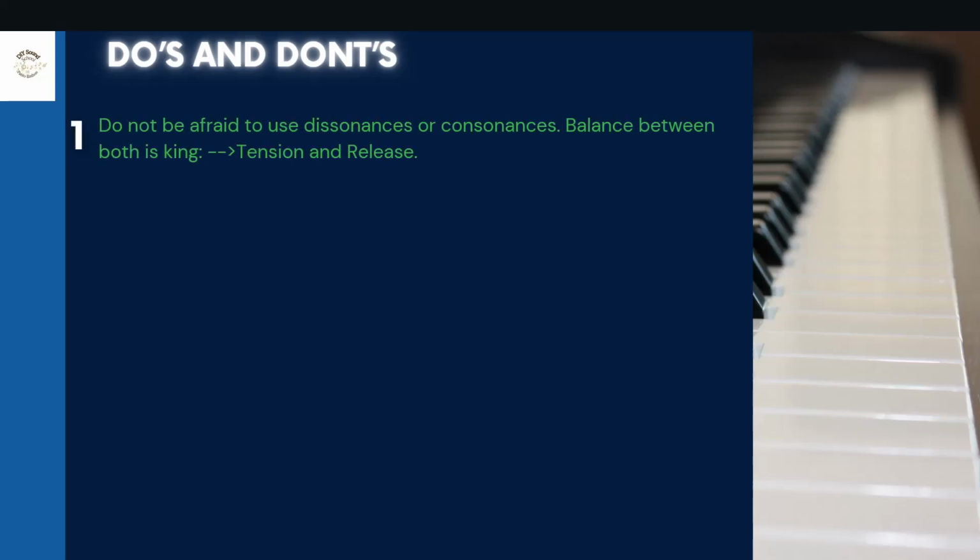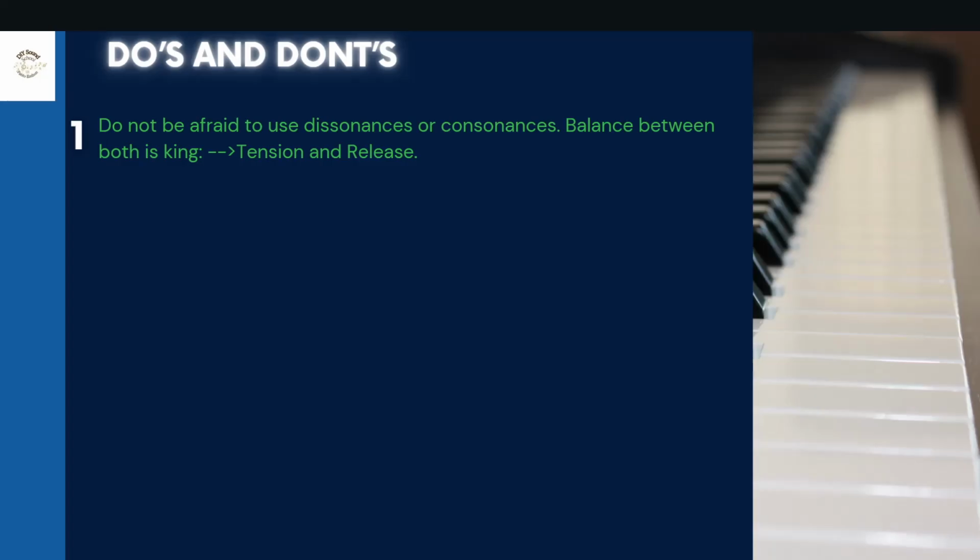So the first one is, there are people that are very concerned about dissonances in music, and in the same token as we talked about having this type of steady state and contrast in the music, dissonance is part of the music as well.